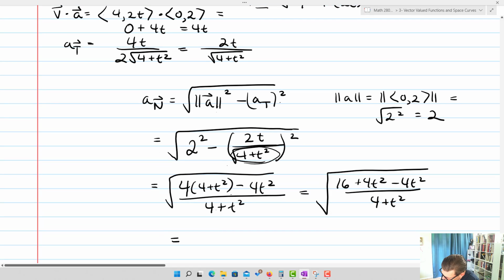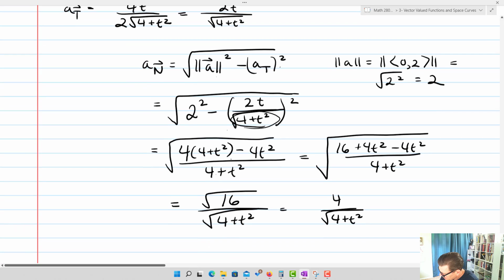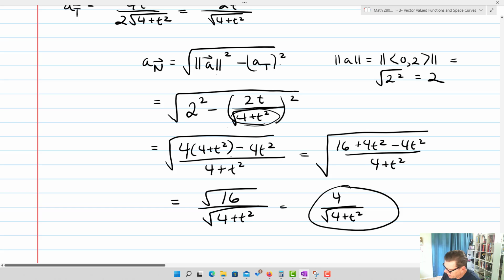And so that ends up equaling the square root of 16 over the square root of 4 plus t squared, which is 4 over the square root of 4 plus t squared. And there is your a sub n.